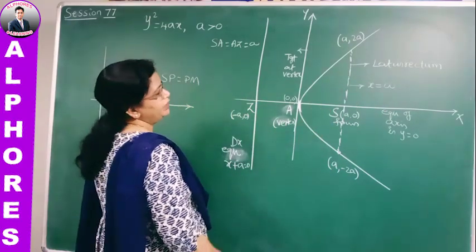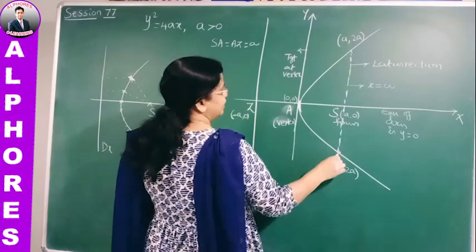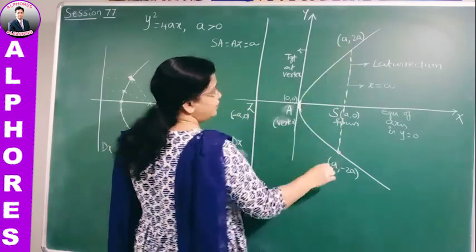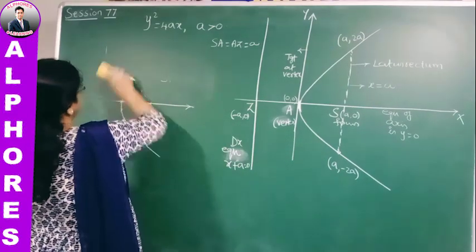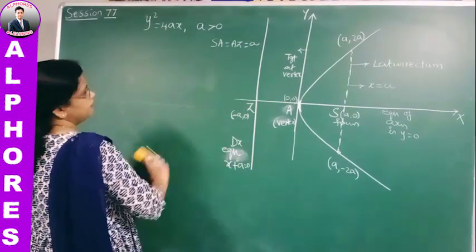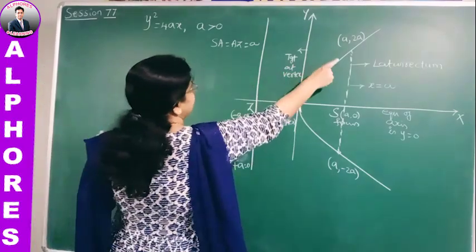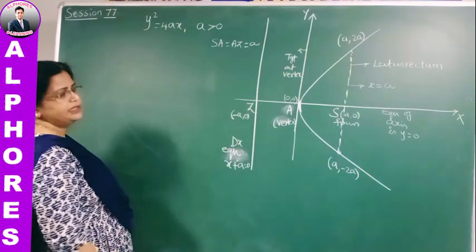And what about the length of latus rectum? At the same time, what are the end points of the latus rectum? How to find them? Suppose I take one of the points on the curve y square is 4ax.